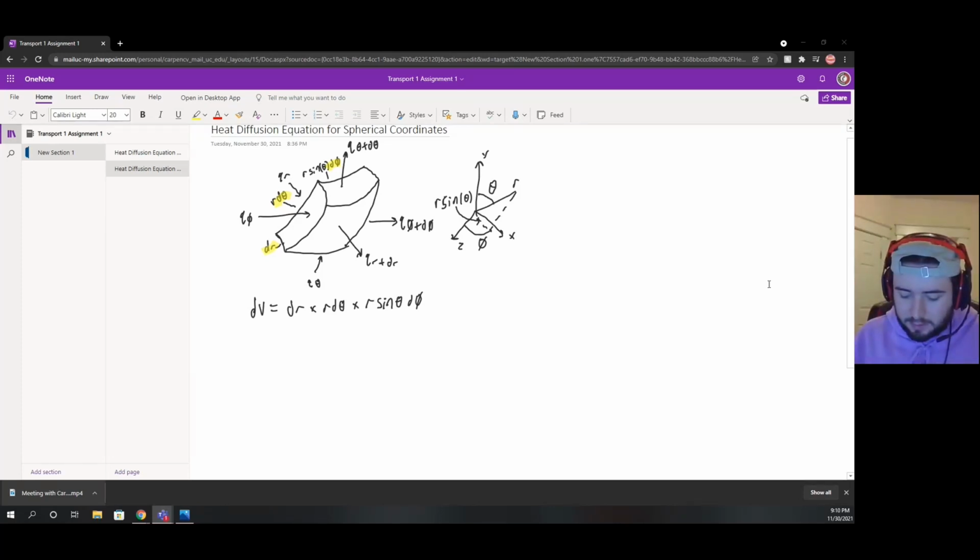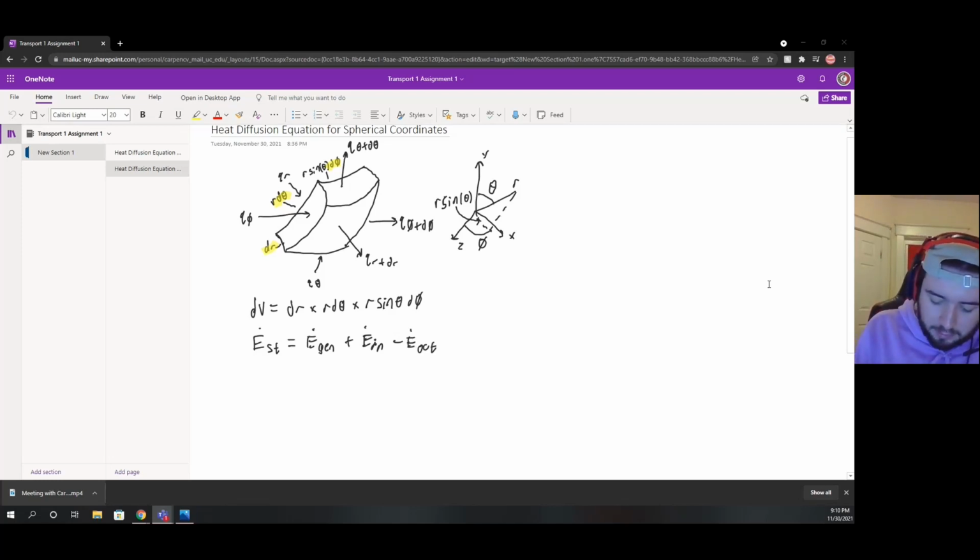All right, so now that we have our volume defined, we can write out our equation. So as before, the energy stored equals the energy generated plus the energy flowing in minus the energy flowing out.